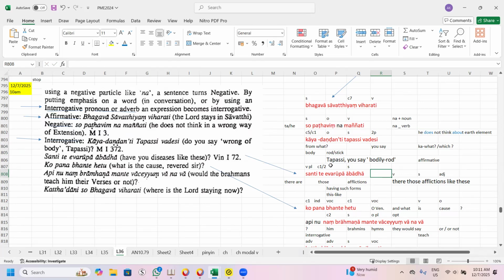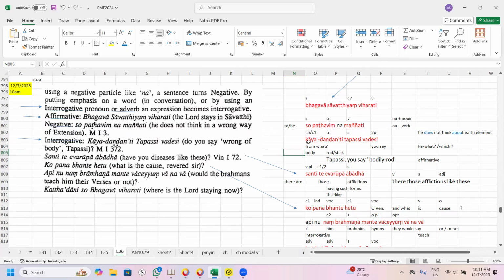Now, if you look at the stick of the body, in this case, this is not talking about the body. Technically, if you decline kaya, you will get something like kaya in the dative or genitive.